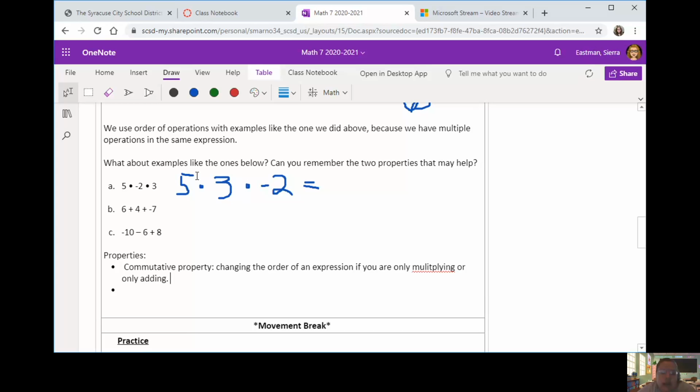Okay. We are allowed to change the order if we are only multiplying or only adding.